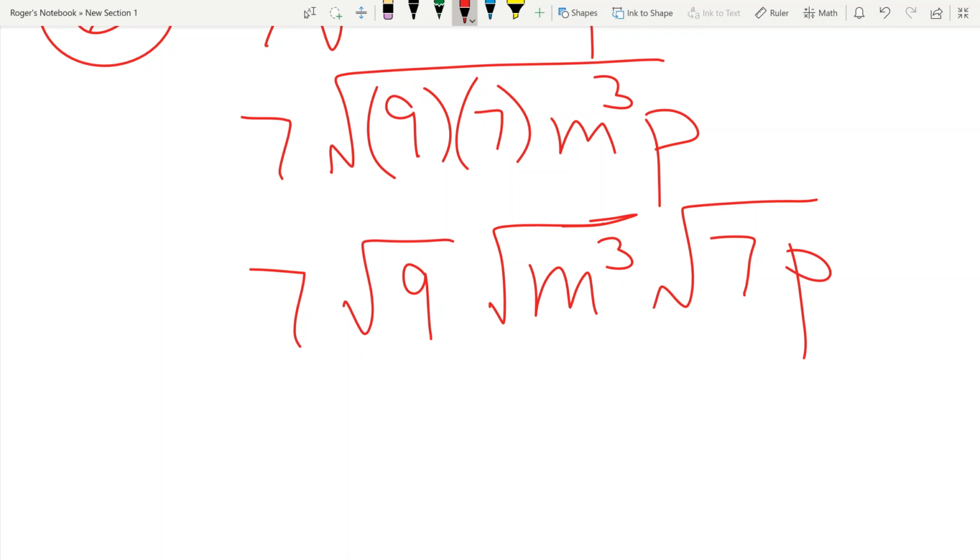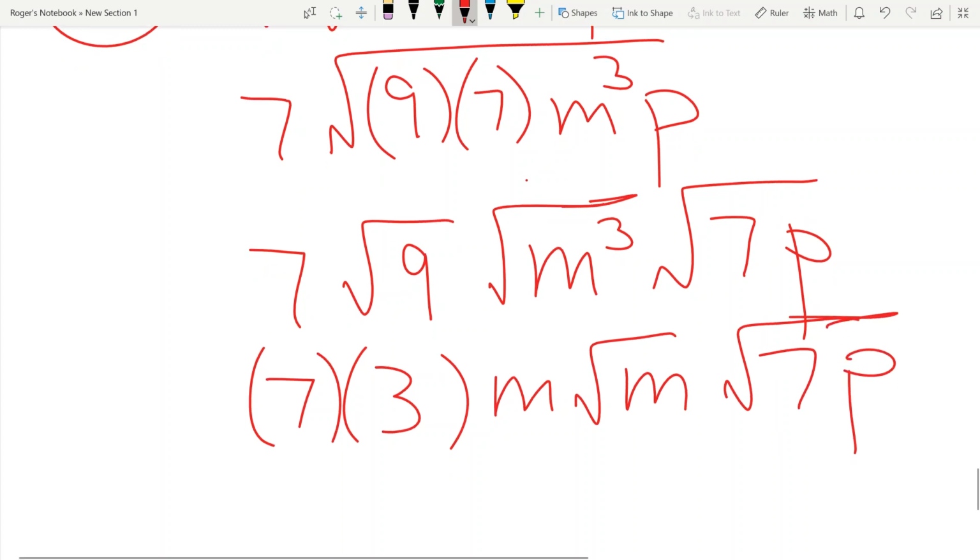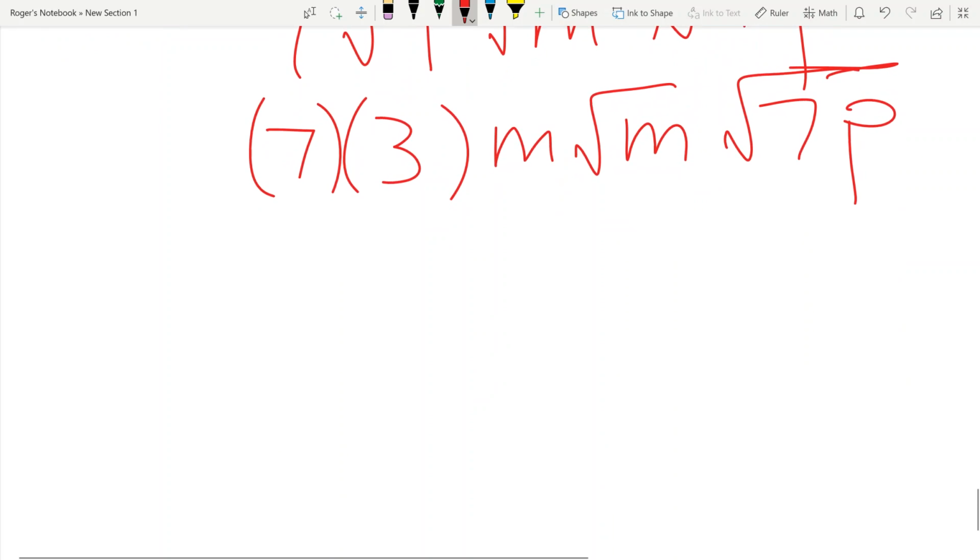So we now have 7 times 3 times m times the square root of m times the square root of 7p. And finally, 7 times 3, 21, m times, and now I can bring the square root of m and the square root of 7p together again.